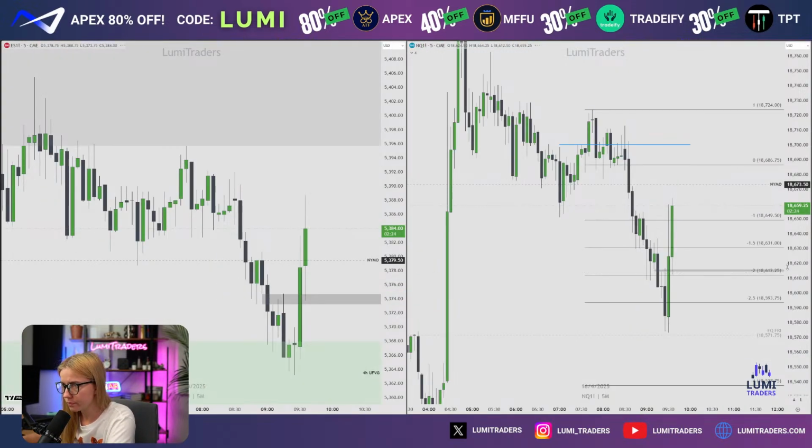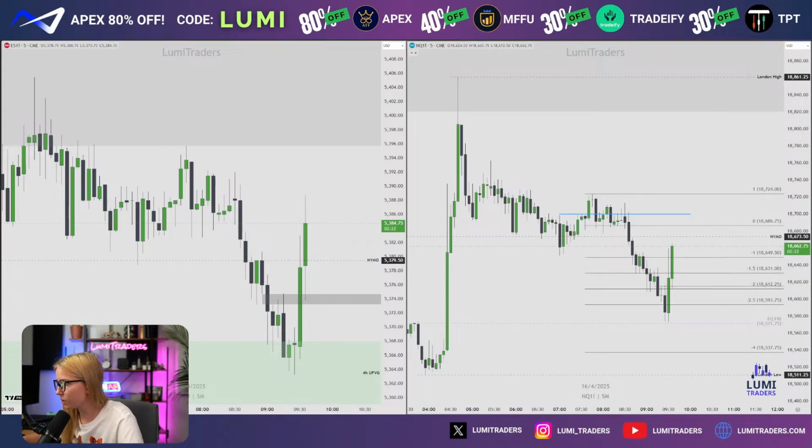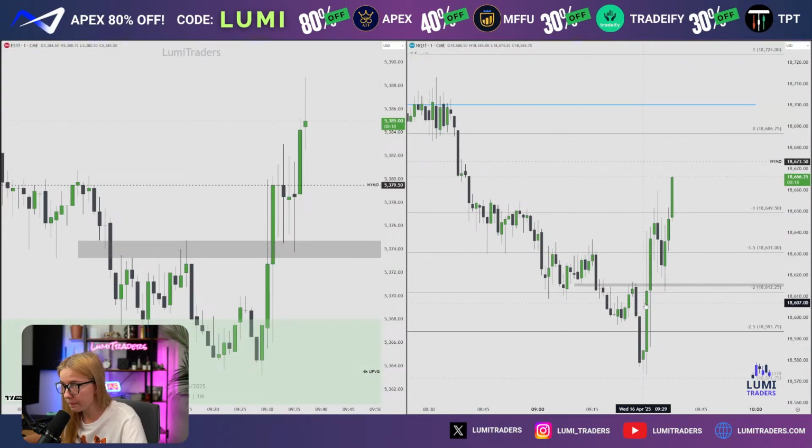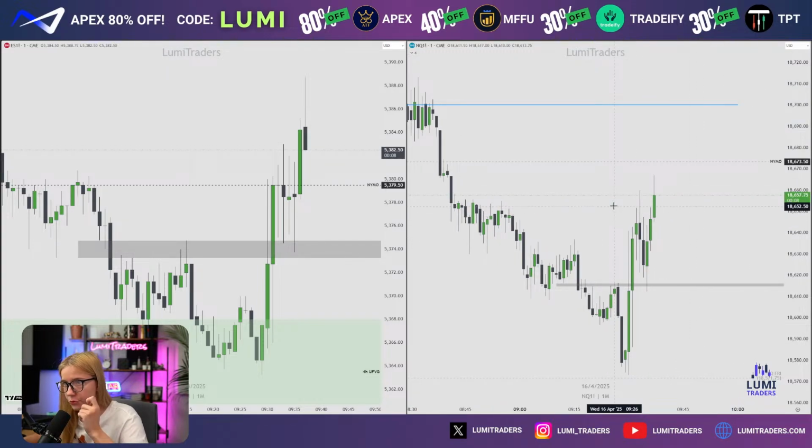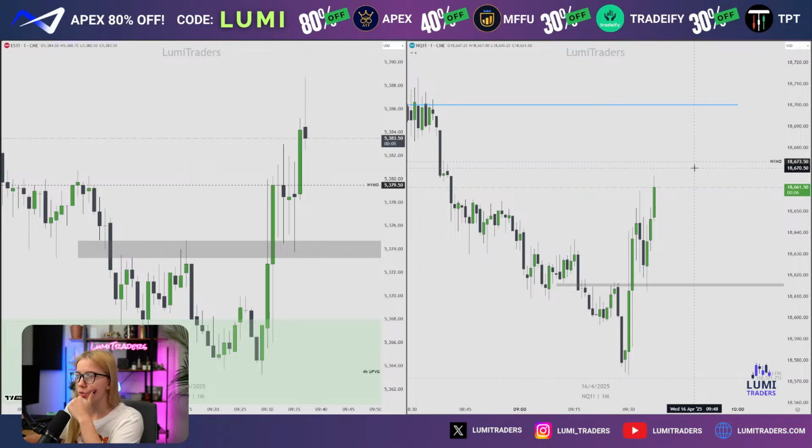What about 1 minute? Okay, we got solid 1-minute inversions right here. Price hasn't first presented yet. Trying to retrace to this New York midnight open level.